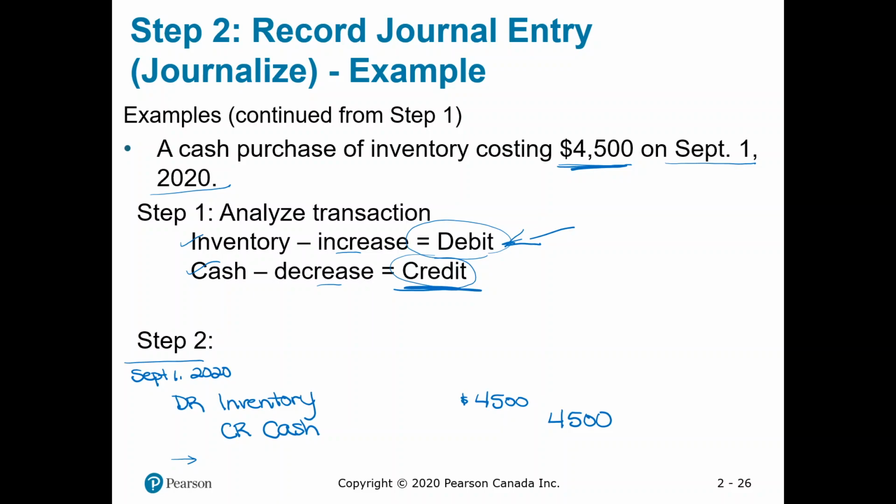And then lastly, we need a quick explanation. As I said, we can just restate the question, or you could change it a bit, but that's the idea. So we would say, to record the purchase of inventory with cash.